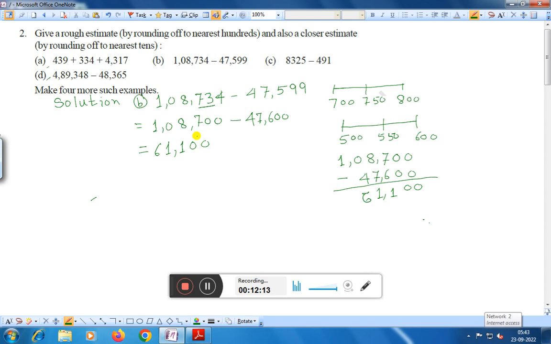The answer here is 61,100. Let us do question number B by rounding off to nearest 10, right? Now let us do question number B again, that is 108,734 minus 47,599.